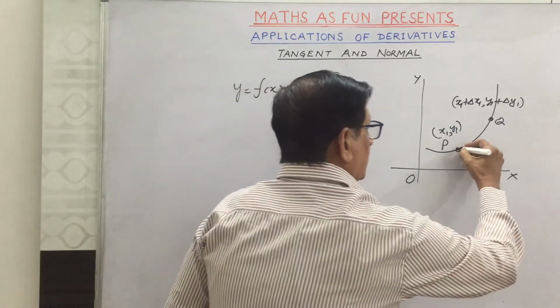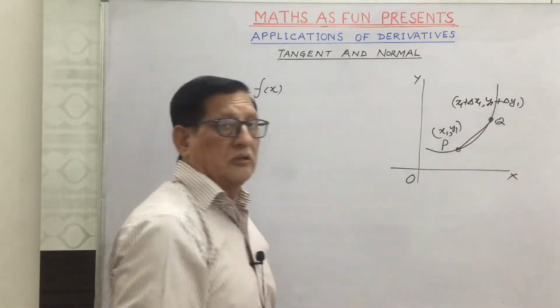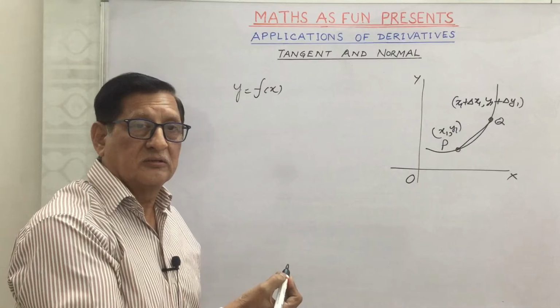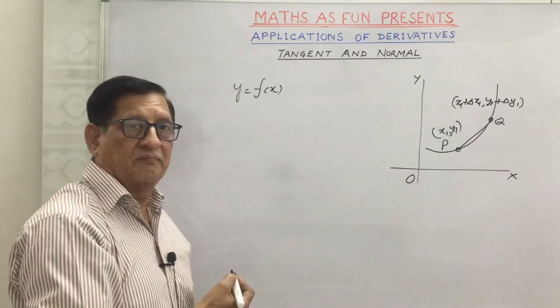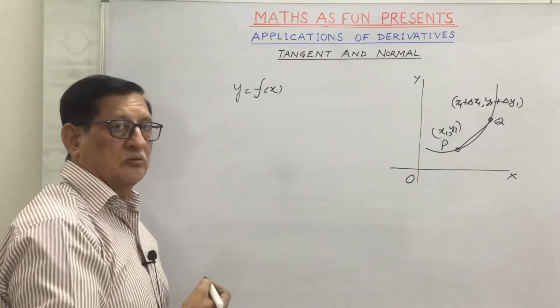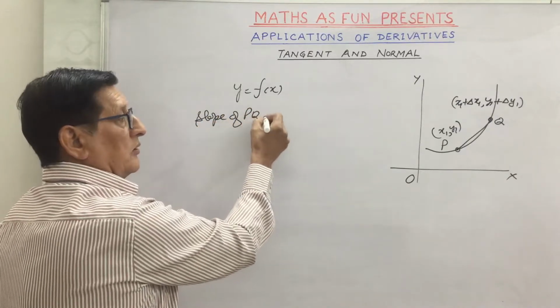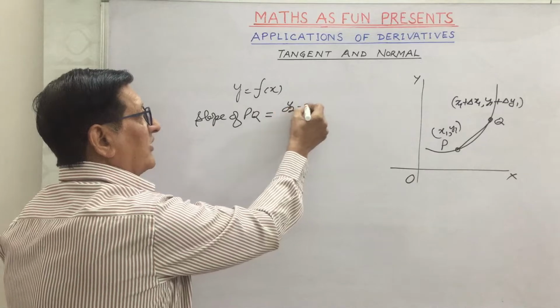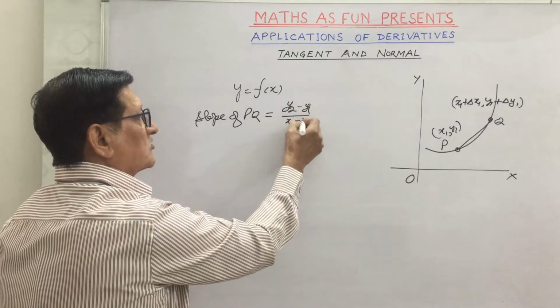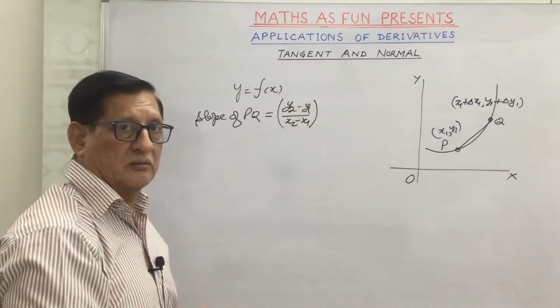If we join P and Q, then PQ is said to be the chord of the curve. Then what will be the slope of PQ? Slope of PQ is given by (y2 minus y1) upon (x2 minus x1). That is the formula.